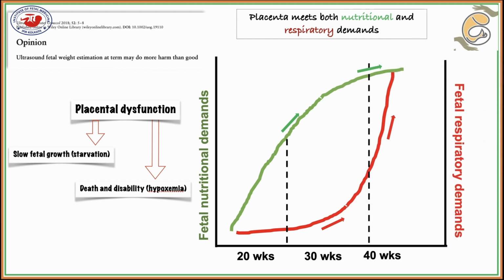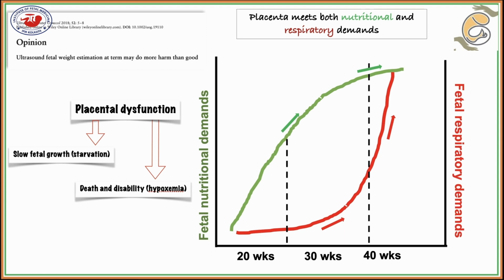Now, this is one conceptual slide. Just be with me on this slide. There are two demands of the fetus. One is the nutritional demand, another is the respiratory demand. These are the different gestational weeks, 20, 30 and 40. Initially, the fetus will have more of a nutritional demand.